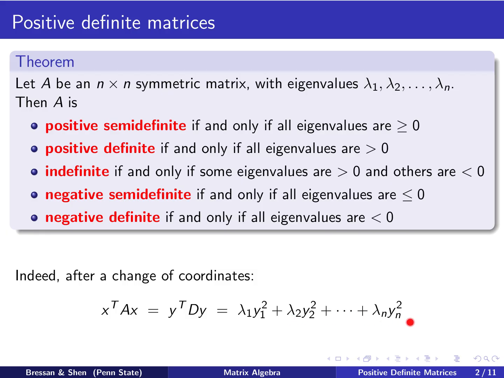If you write it out, that is just the sum of lambda i times y i squared. With this expression, the conclusion of the theorem is straightforward. Indeed, if all the lambdas are bigger than or equal to 0, then this form is bigger than or equal to 0, and that gives you positive semi-definite, and so on and so forth.